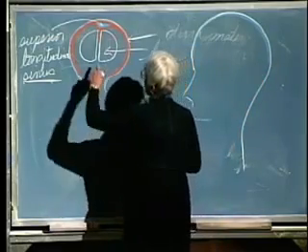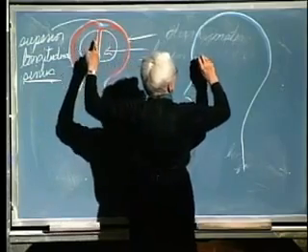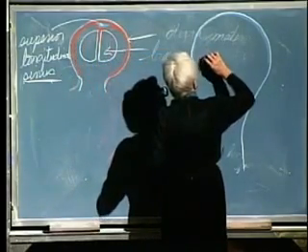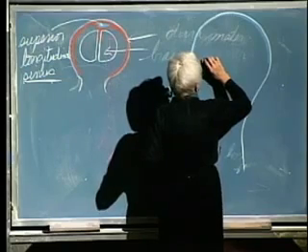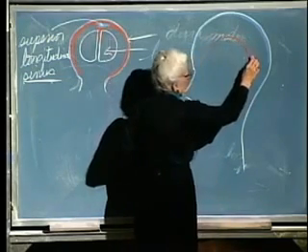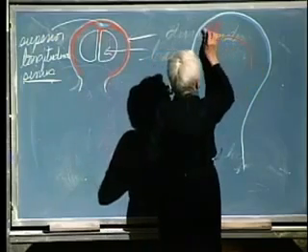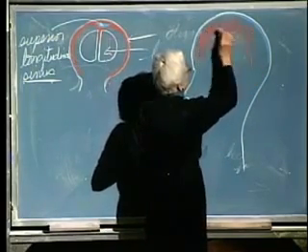And then we had the dura that was coming down here. So we have to put this coming down here, like this. So all of this is dura between the hemispheres.